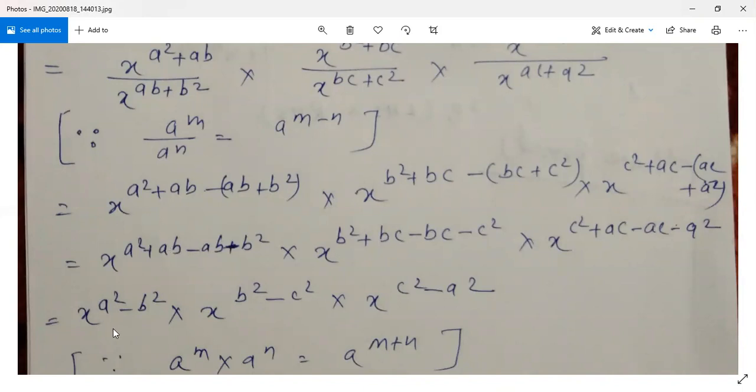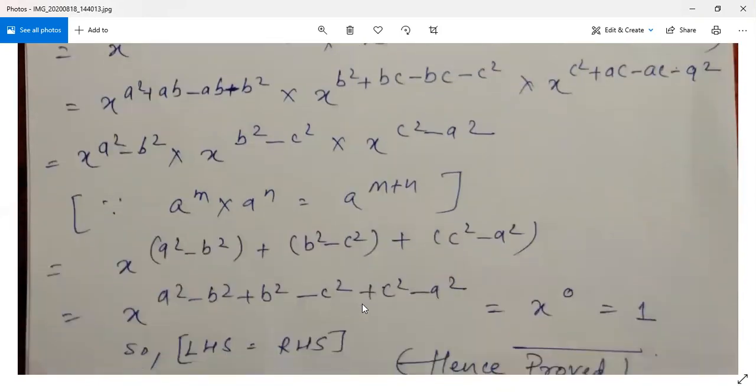So you will get the value as x to the power a square minus b square. Okay, in the same way, when you will solve the second and the third part also, you will get the answer as x to the power b square minus c square multiplied by x to the power c square minus a square.